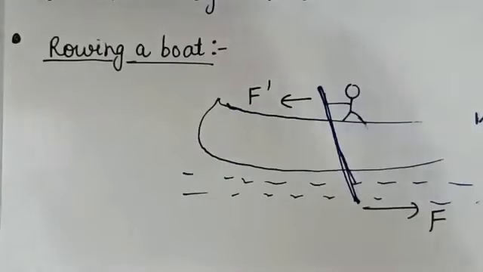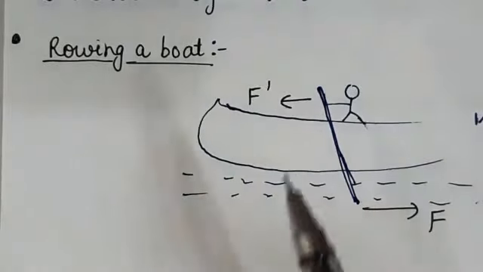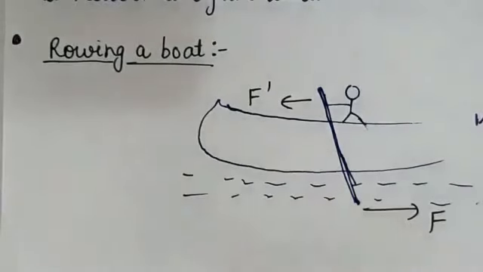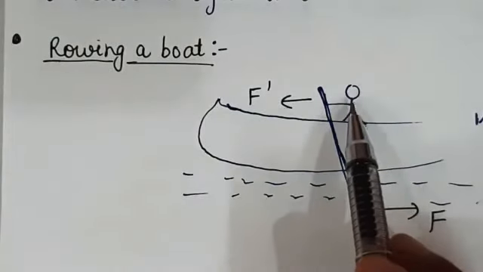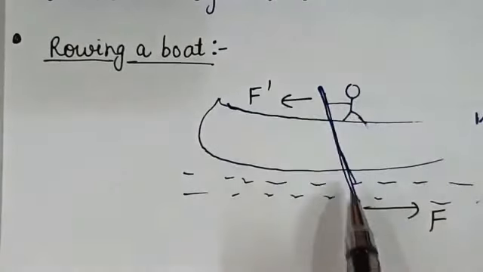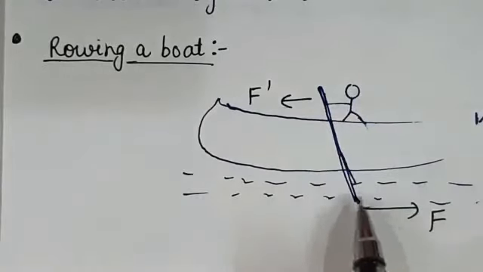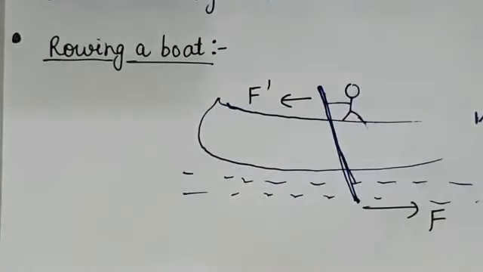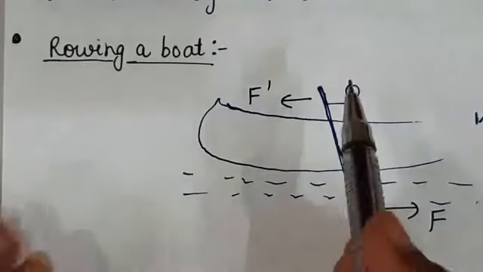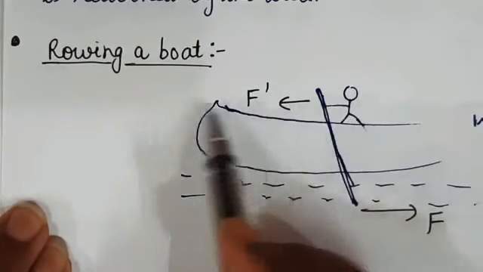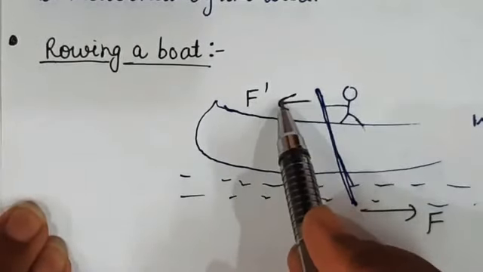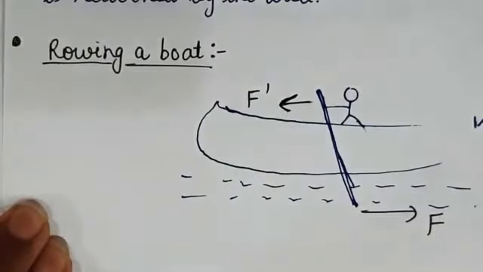Okay. Next example is rowing a boat. This is a boat. And this is the water. Here is a man who is paddling by pushing the water. So what is happening in this case? This person wants to move forward, in this direction.